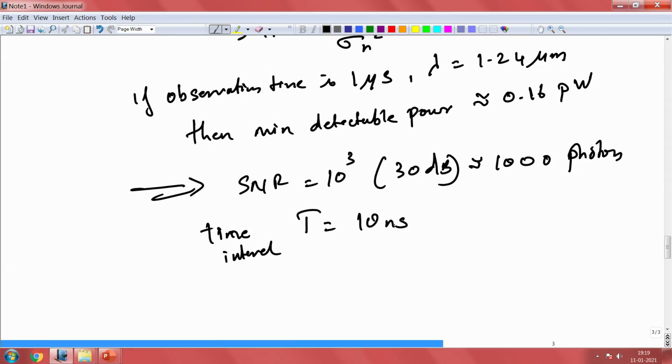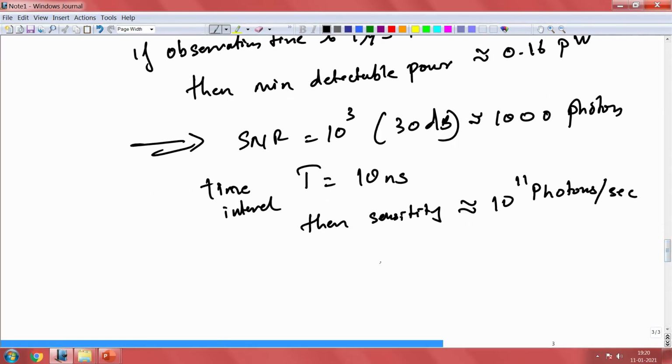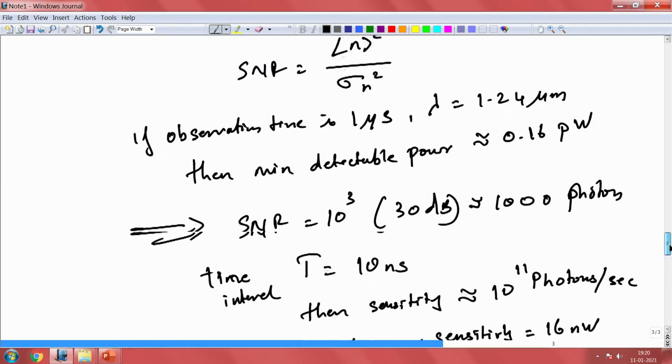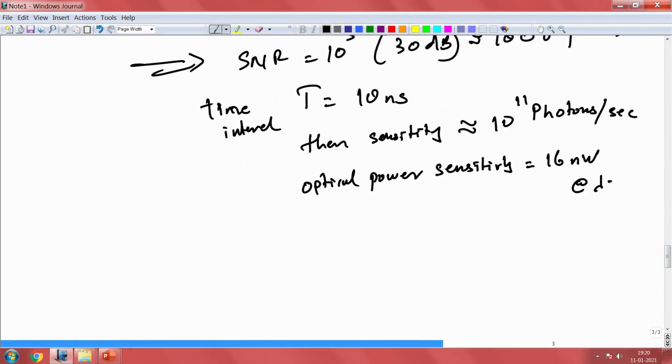Then the sensitivity is about 10 to the power of 11 photons per second, or a power sensitivity of 16 nanowatts. Of course, this is based on the earlier wavelength, lambda equals 1.24 micrometers.